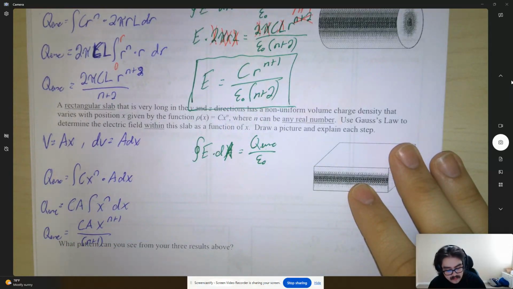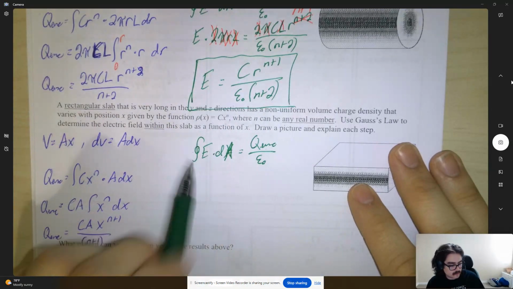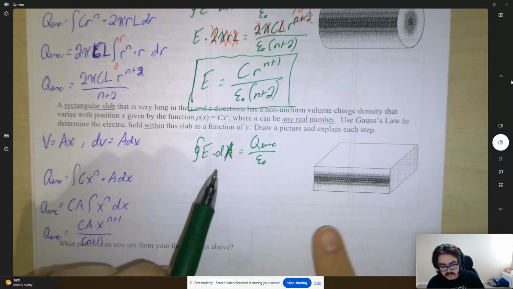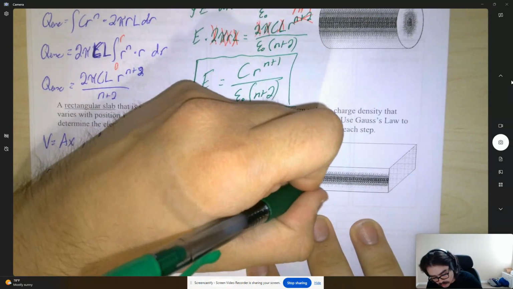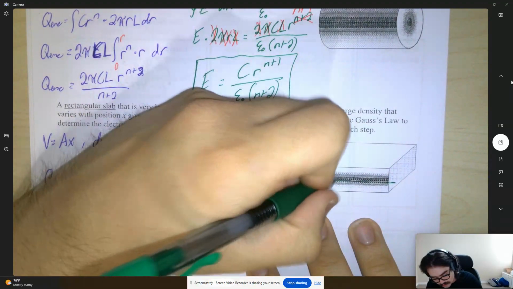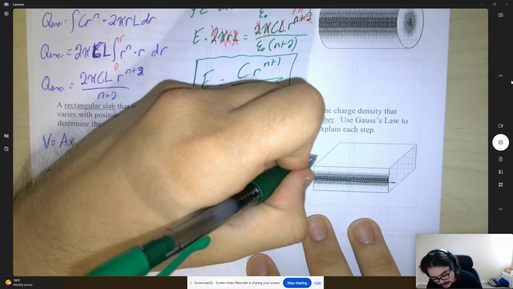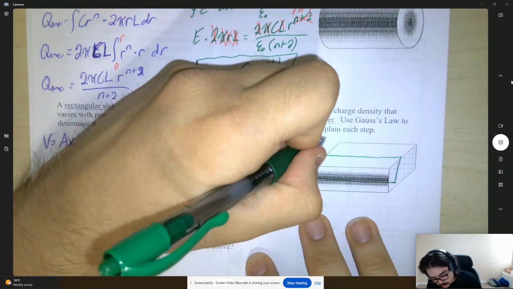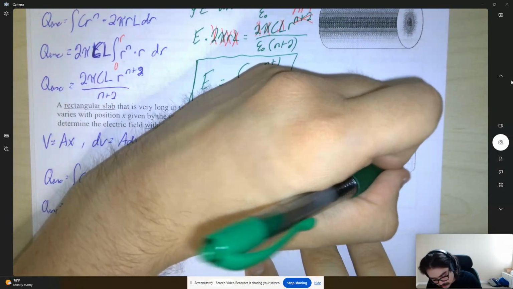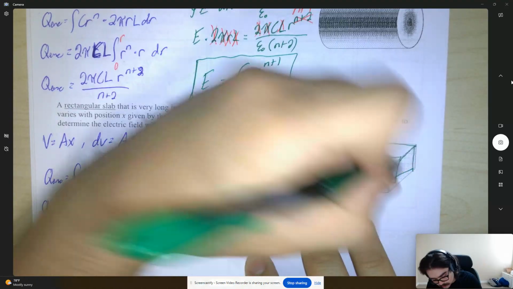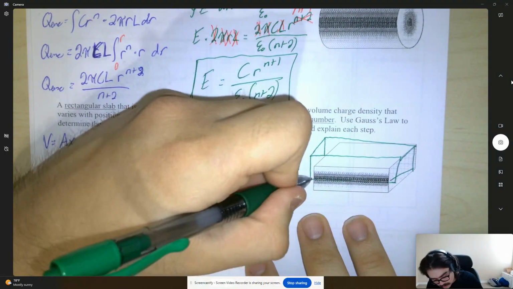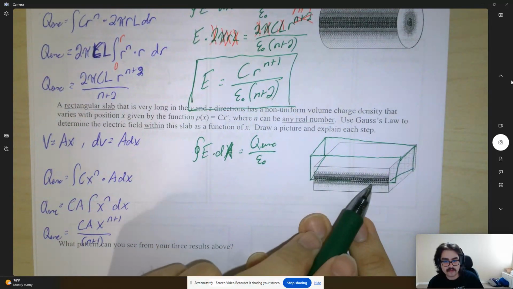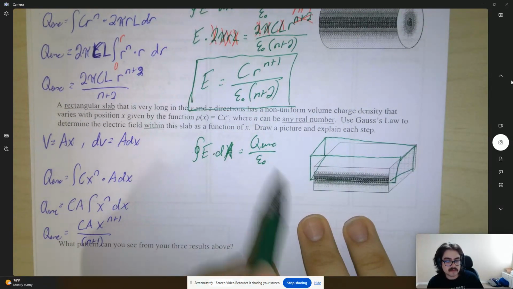The area that the flux is going through is going to be A. The reason why it's just going to be 1A is because when we draw our surface, it's literally going to cut the slab in half. We're doing this sort of thing. We're not doing the whole slab. We're cutting halfway through it because if we did the whole slab, it should end up being 0.